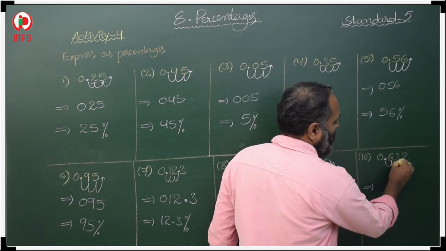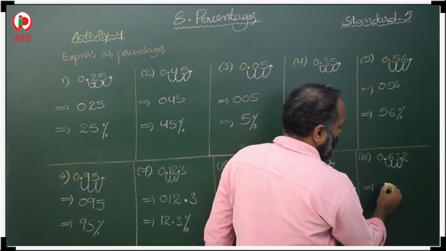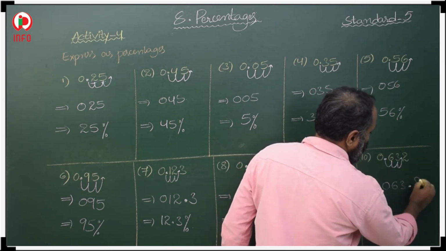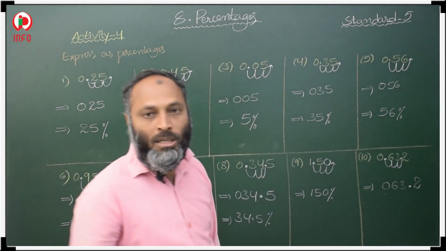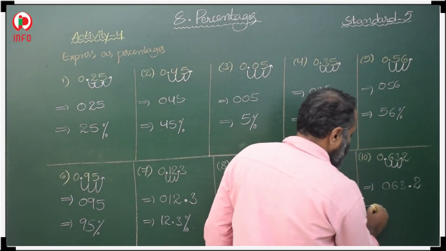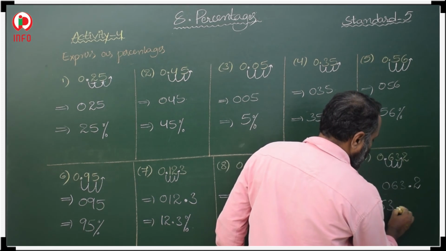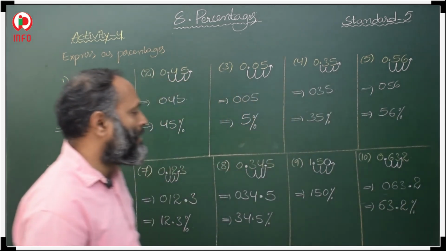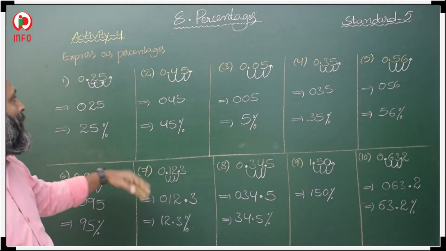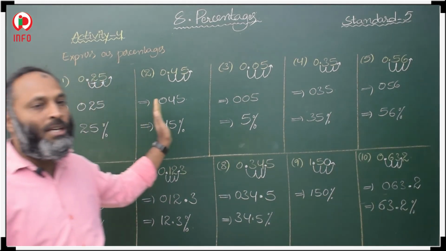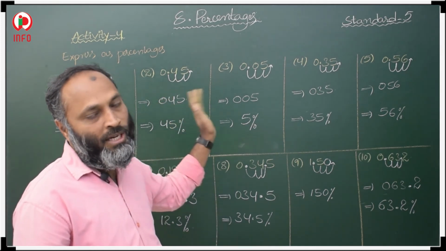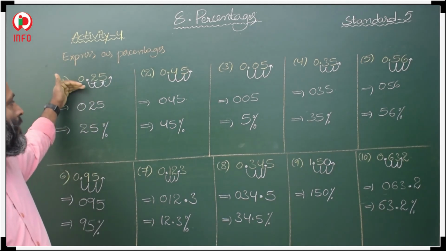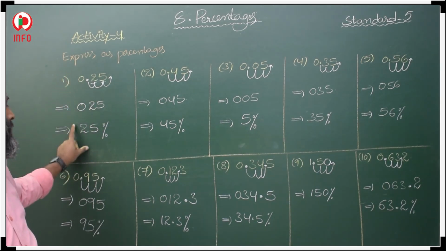First, second, after the second means after 3 the point will come, 063. Take the point because after the decimal the number 2 is there. So 0.632 means 63.2%. After that we have to keep percent also. So in this way we move our decimal 2 digits from left to right and keep the percentage symbol. This is the method to convert decimals into percentage.